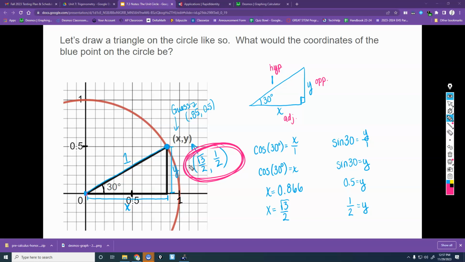So just take my word for it. You won't be asked why. They will not ask you why it's square root of 3 over 2, and you won't have to know how to find square root of 3 over 2 on your own.